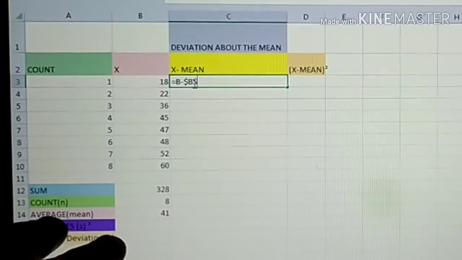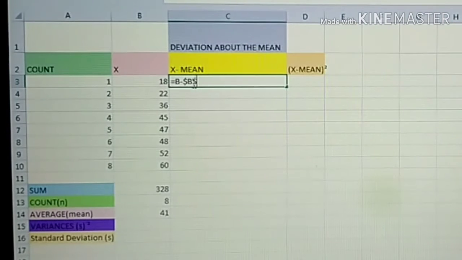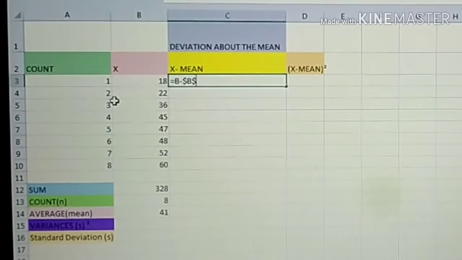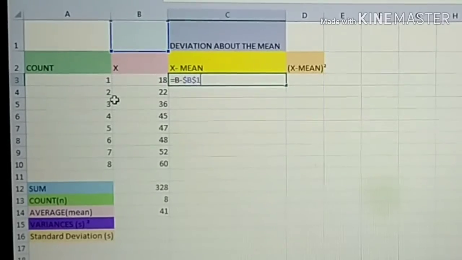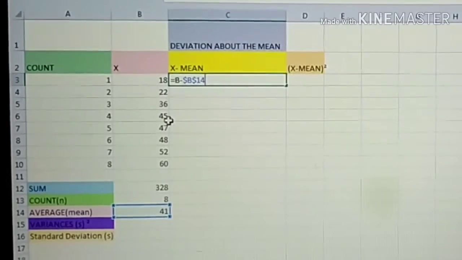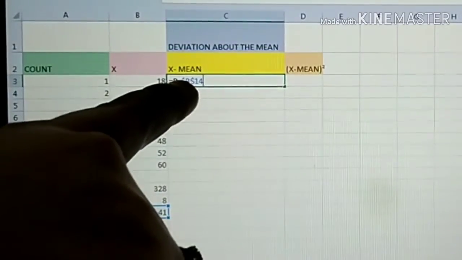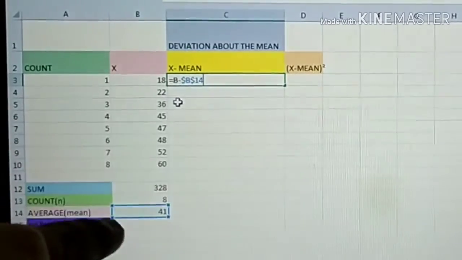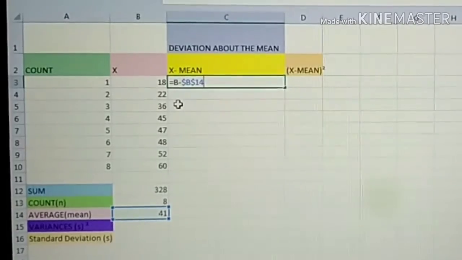Now, 14, the mean, minus 14. B stands for the x, this one, x. Then, dollar sign, B, dollar sign 14 is for the average mean. Then, enter.